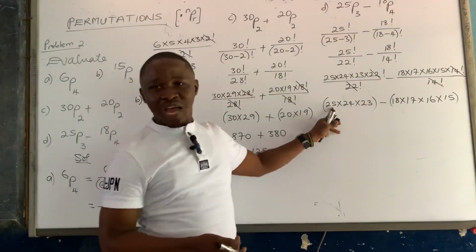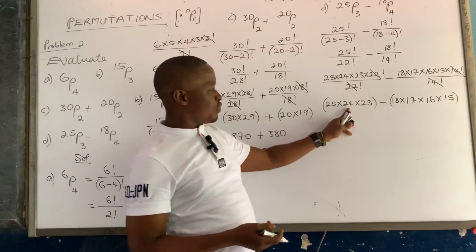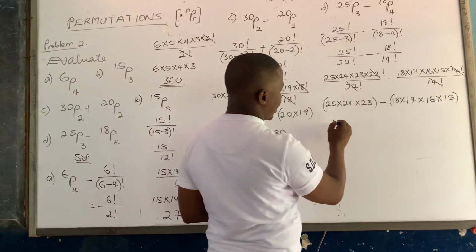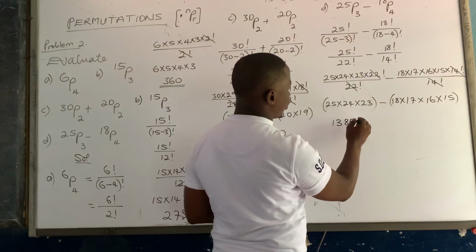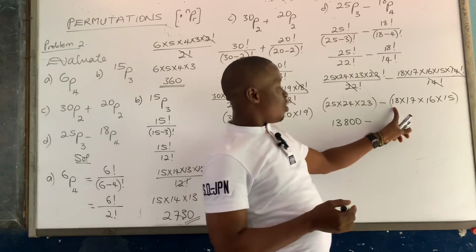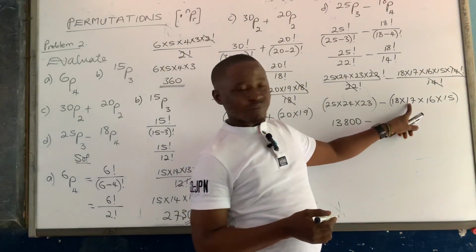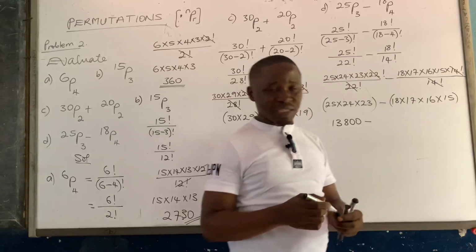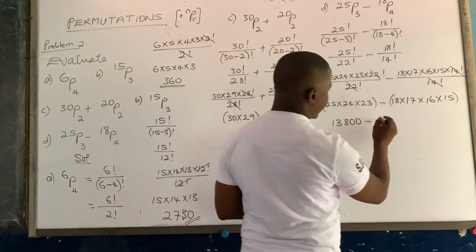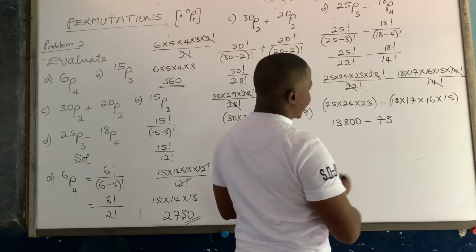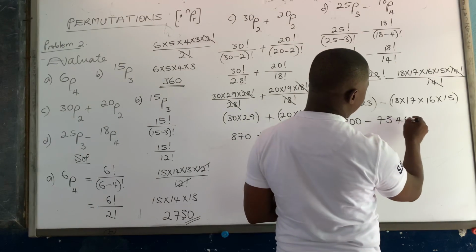So 25 multiplied by 24 multiplied by 23, what do we get? 13,800 minus 18 multiplied by 17 multiplied by 16 multiplied by 15. What do we get? 73,440.